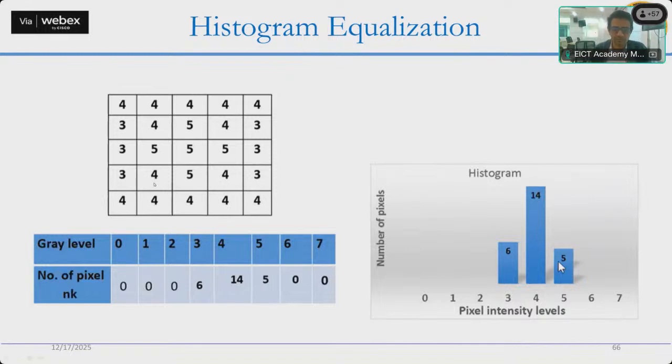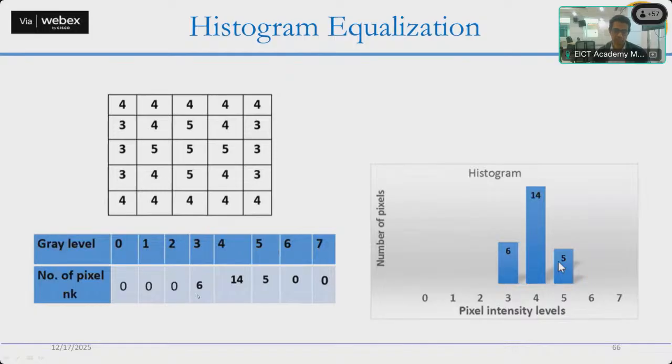But initially 3-bit values are easier. We have taken all the 7 gray levels: 0, 1, 2, 3, 4, 5, 6, 7.